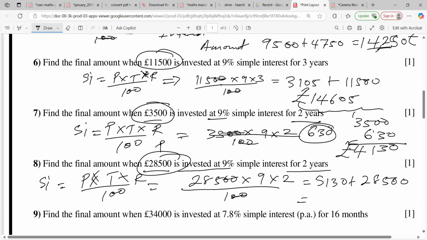And of course, we'll add that. Hold on, we'll add this now. Calculator gives me 33,630. And that would be the end of class.